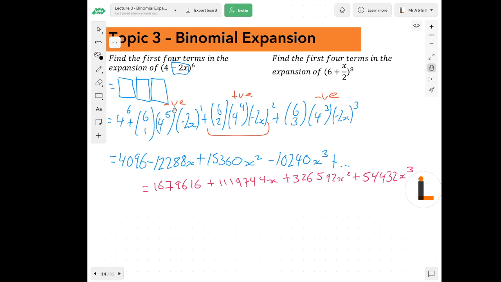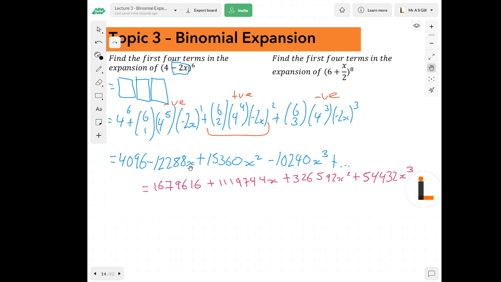Different number for the second term. For this 12288, so let's just go back and double check. This should be 6 choose 1, which is going to be 6, times 4 to the power of 5, multiplied by negative 2. I think here 12288 is correct.